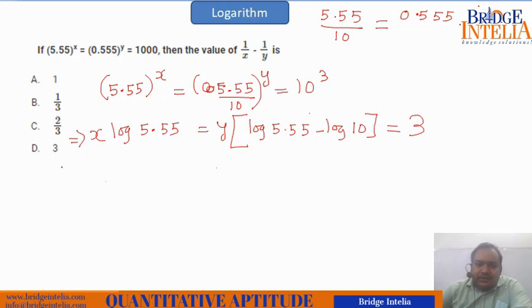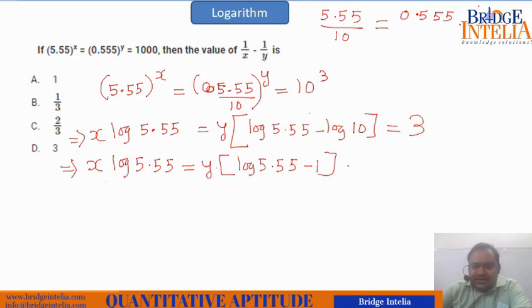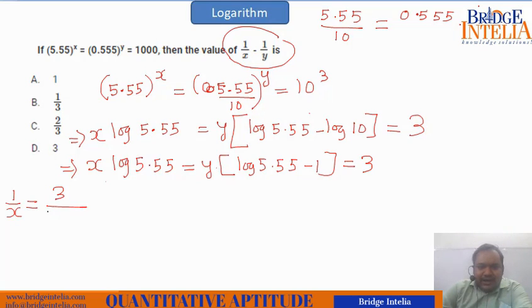So look carefully, it means x log of 5.55 is equal to y times of log 5.55 minus 1, because log 10 to the base 10 is equal to 1, is equal to 3. Now see, what are we supposed to find? We are supposed to find 1 by x minus 1 by y. So 1 by x is equal to 3 divided by log 5.55.